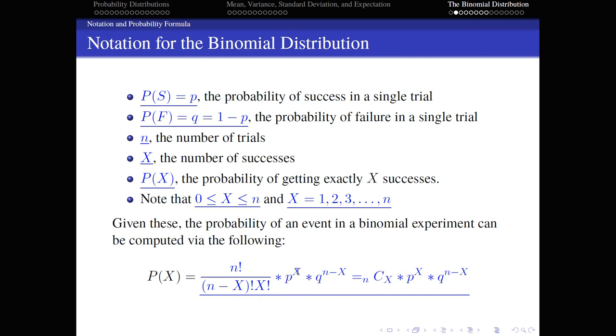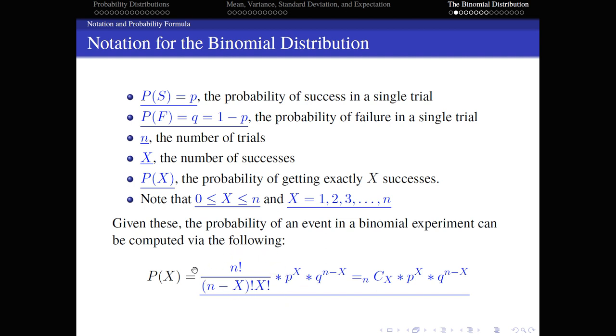The probability of success to the power of the number of successes. So this is multiplying all of our success probabilities together. This is the probability of failure to the power of the number of failures. So this is multiplying all of the failures together, and this is the number of different ways that we can arrange them. You can write this in either way.